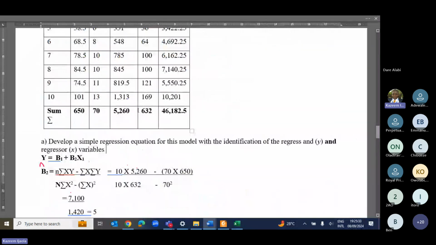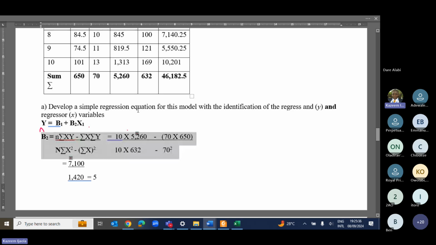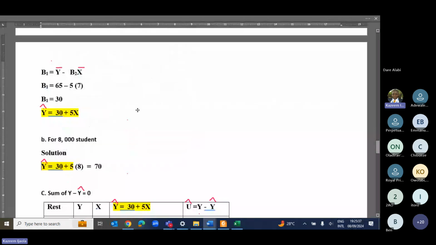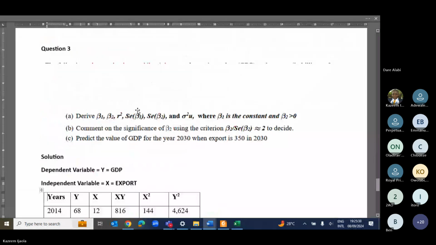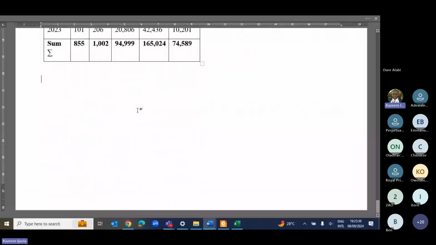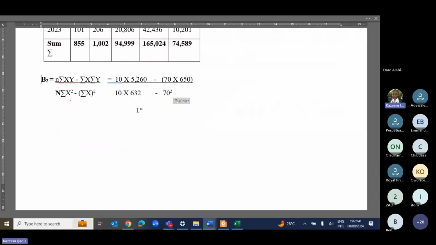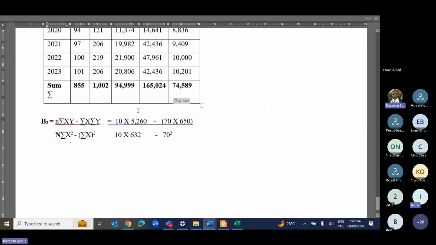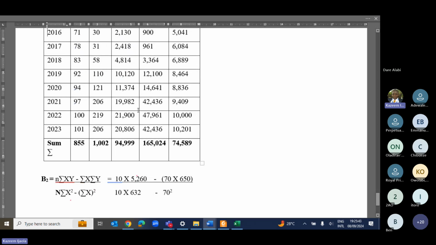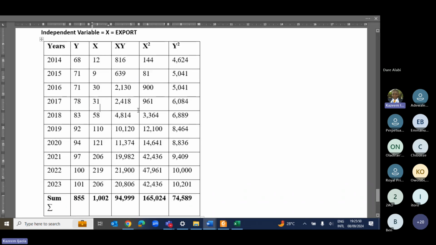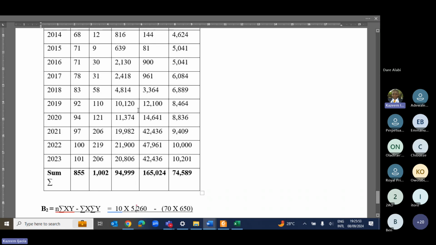Or you can check the formula from ChatGPT. So we have n is 10. 10 summation xy. Where is our xy? Xy is 94,999. So put it there. Minus summation x, summation y.